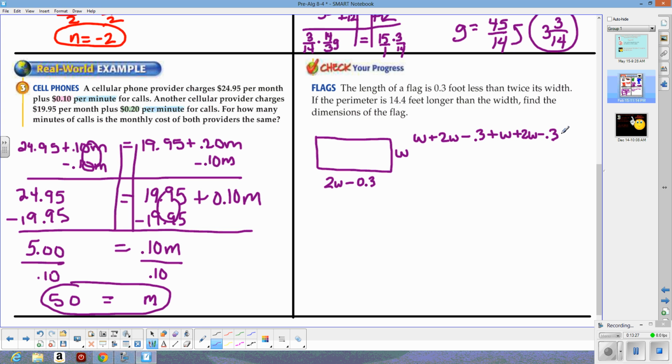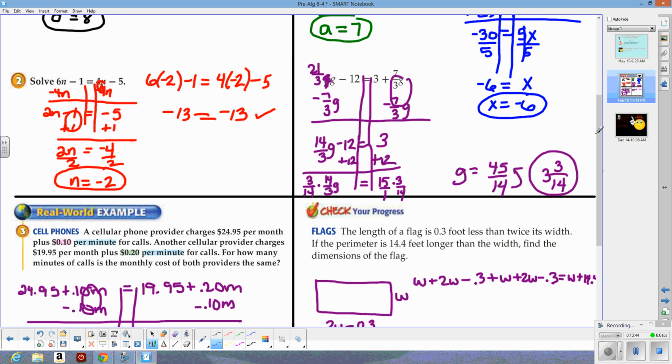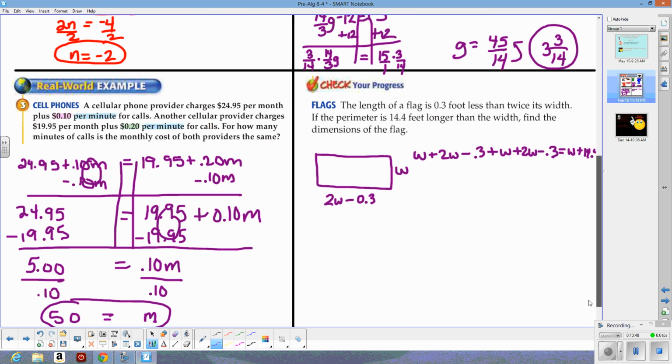And the perimeter is 14.4 feet longer than the width. So this perimeter is 14.4 feet longer than the width. So the width plus 14.4. Oh, running out of room. Looks like I'll have to move it over just a little bit more.